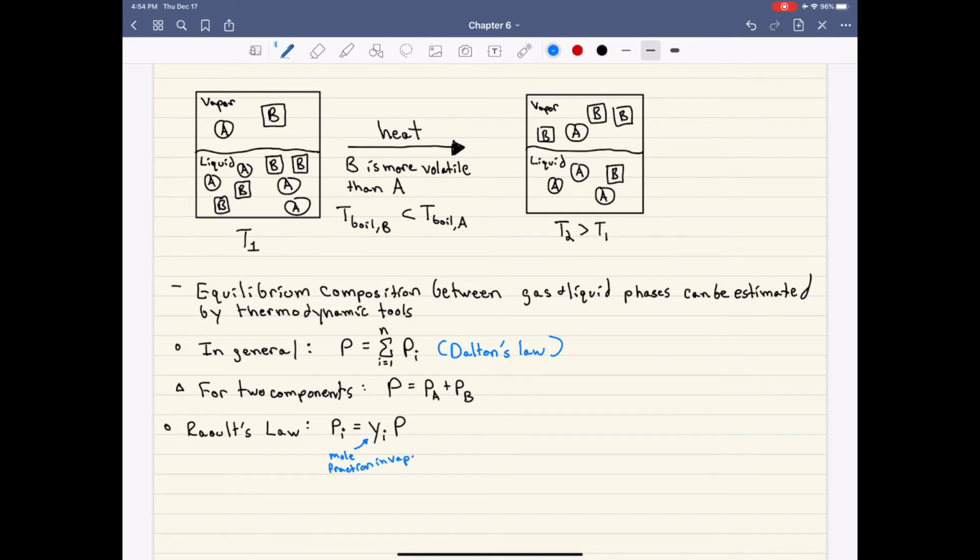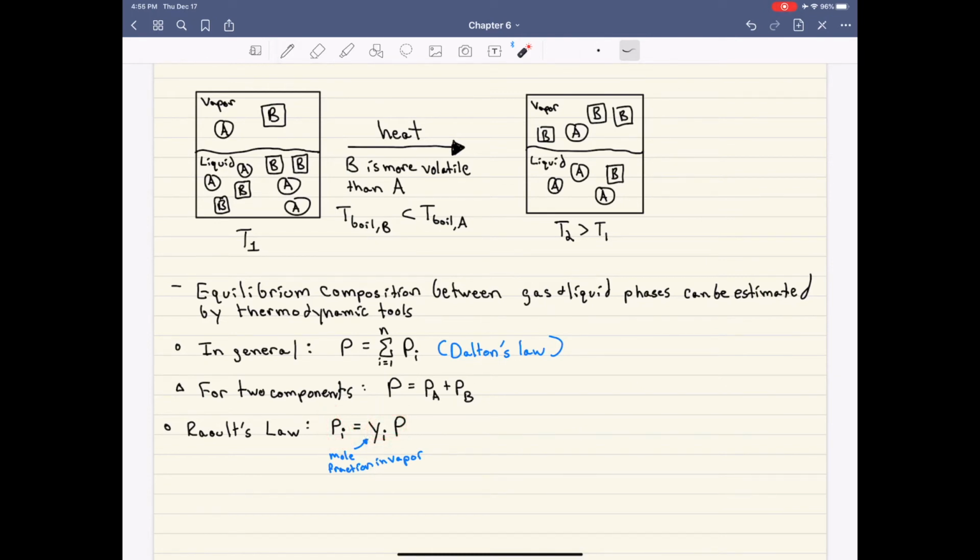Okay? That's the first thing Raoult's law tells us. And so this portion of the equation is only referring to the mole fraction of the species in the vapor phase.